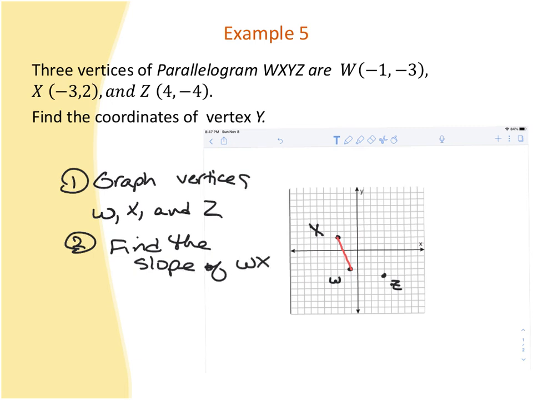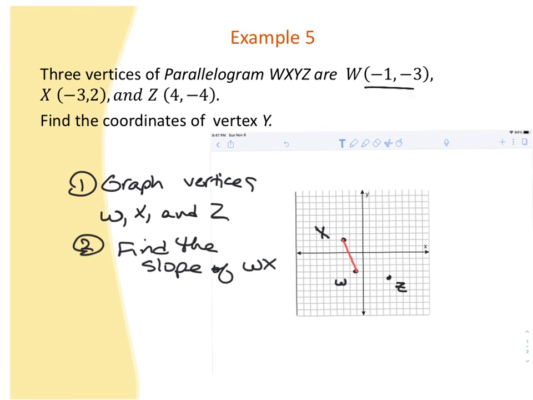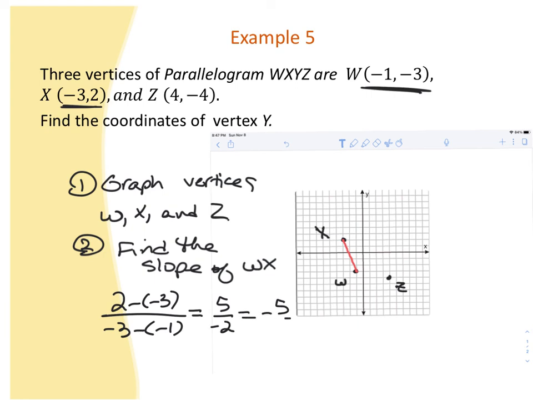Using my ordered pairs, the -1, -3 and the -3, 2, I'm going to do 2 minus -3 divided by -3 minus -1, and I get 5 over -2. So this is my slope.